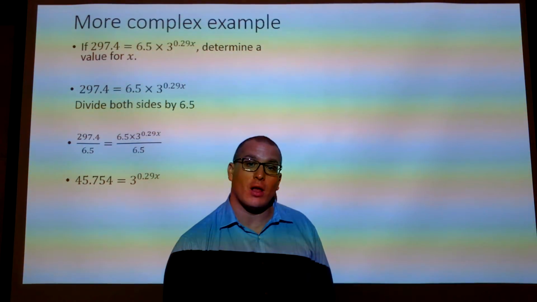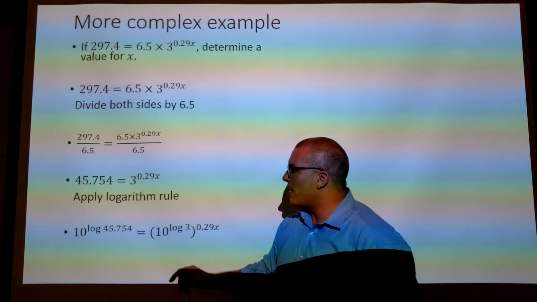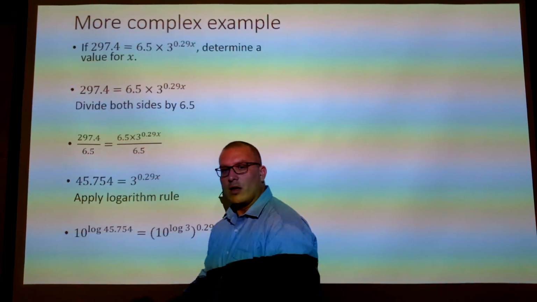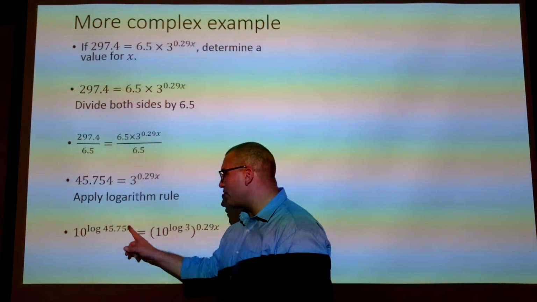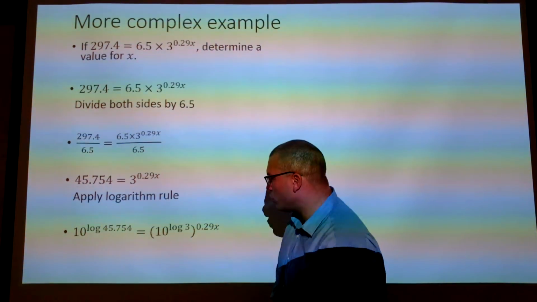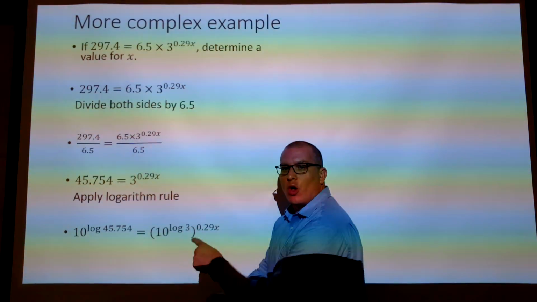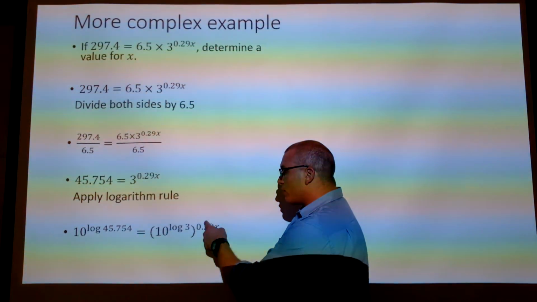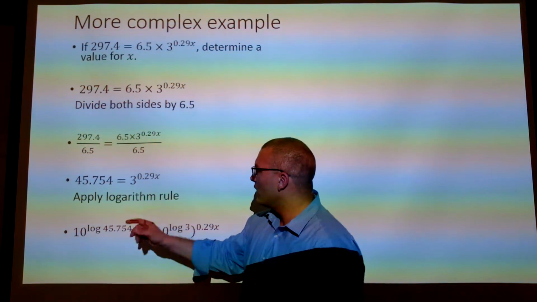Now I can apply my log rules. So that means 10 raised to the power of log 45.754 is equal to 10 raised to the power of log 3, all raised to the power of 0.29x. See?